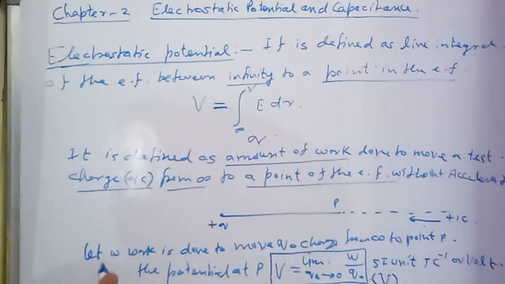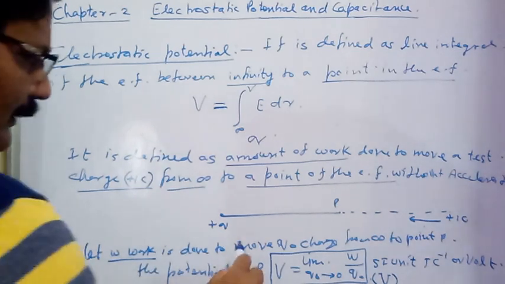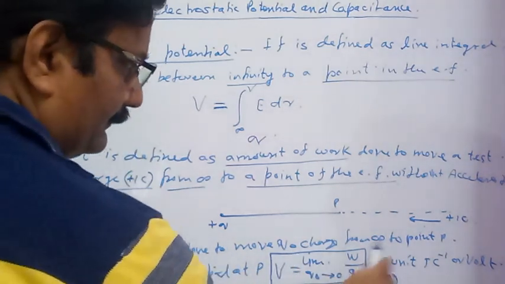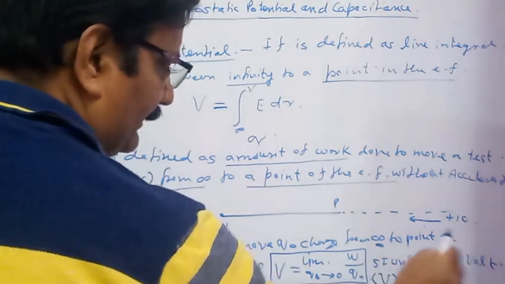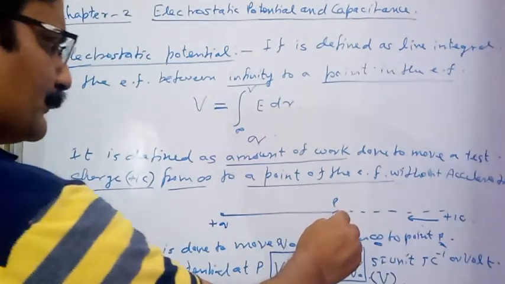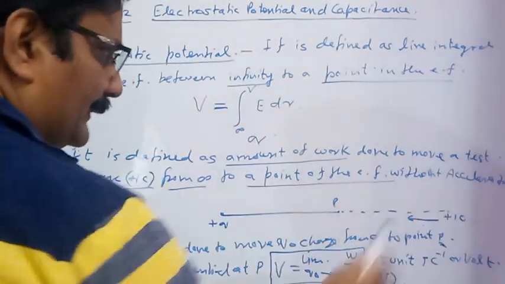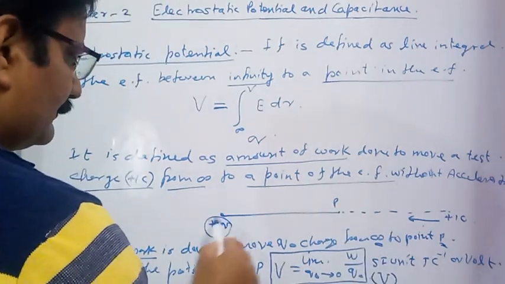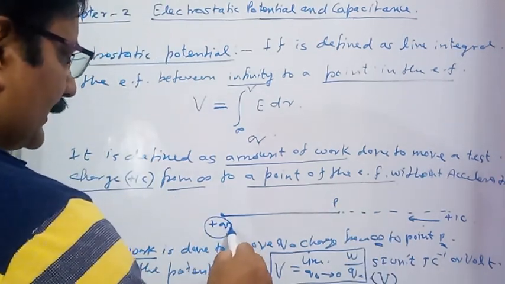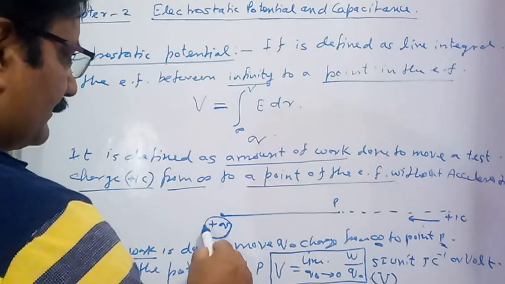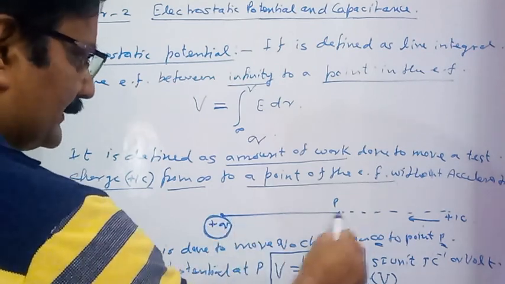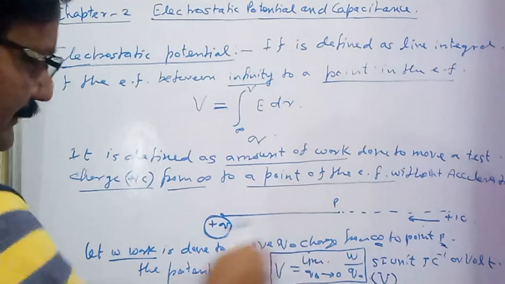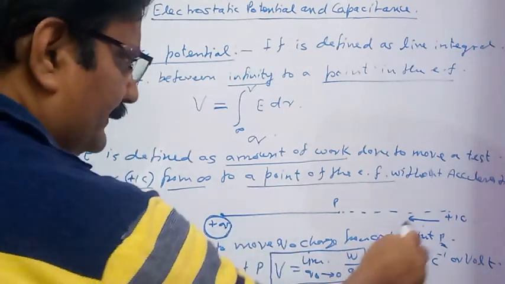So let W work be done to move Q naught charge from infinity to point P of the electric field. This is point P. Suppose this point is at infinity. At infinity, the electric field of this source charge, whose electric field is existing in this space, is 0.